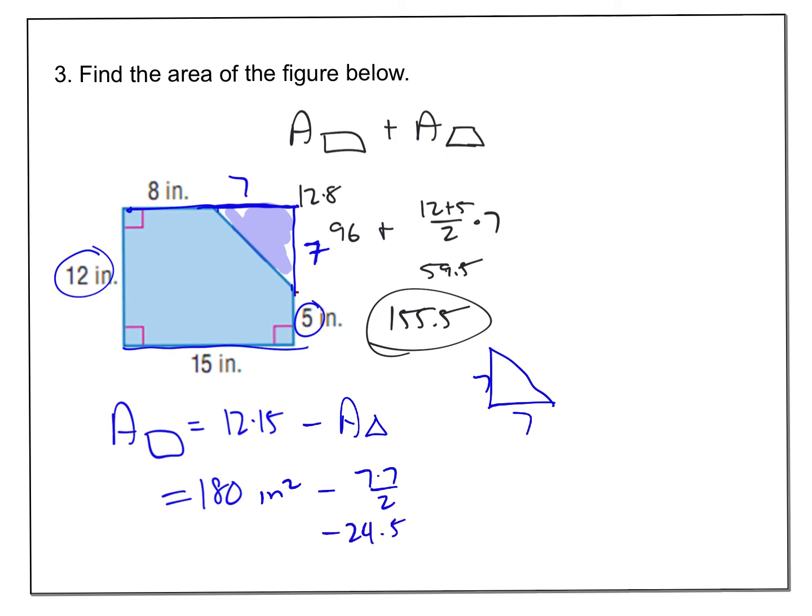So 180 minus that is going to give me 155 and a half inches squared. So a couple different ways you can do it, and every way will get you the same answer if you do it right. That's what you have to be careful with.